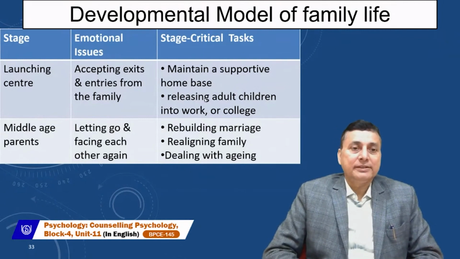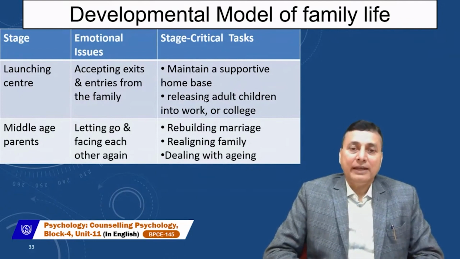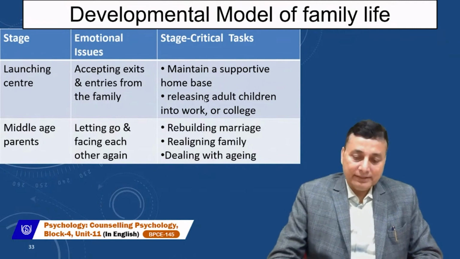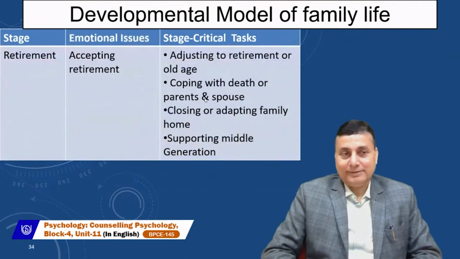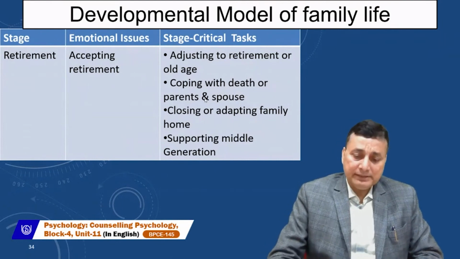Middle-aged parents: letting go and facing each other again, rebuilding marriage, realigning family, dealing with aging, and retirement. Accepting retirement, adjusting to retirement or old age, coping with death of parents and spouse, closing or adapting family home, supportive middle generation.